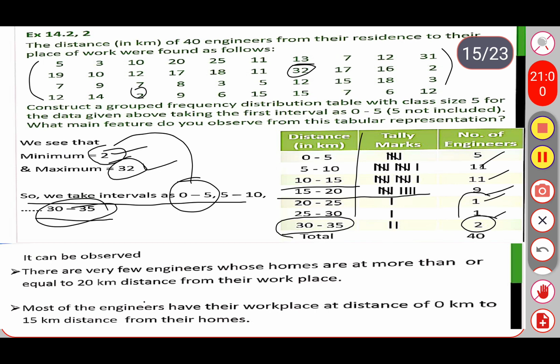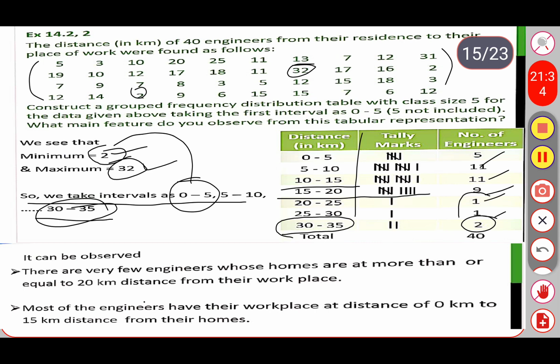With the help of this frequency distribution table, we can observe that there are very few engineers who are at more than or equal to 20 kilometers distance from their working places. Most of the engineers have their workplace at a distance of 0 to 15 kilometers from their homes.